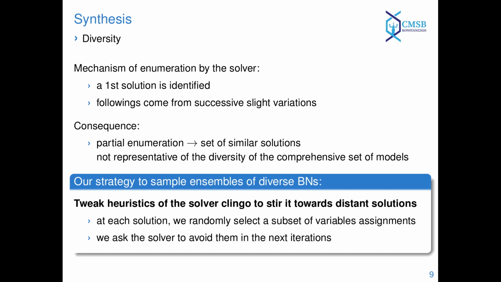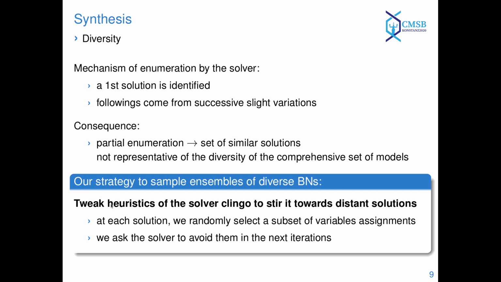Consequently, if we run a partial enumeration, we obtain a set of similar solutions, for example with changes on the Boolean functions of only one component. This set cannot provide a representative view of the Boolean networks that are compatible with given biological data and knowledge. It's why we introduce a strategy to sample ensembles constituted by more diverse Boolean networks.